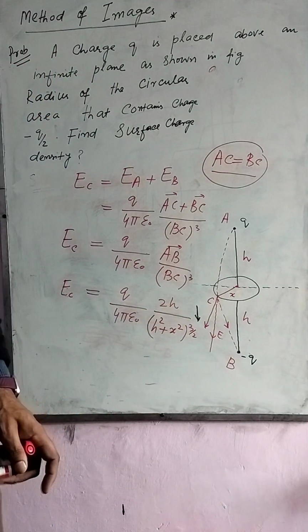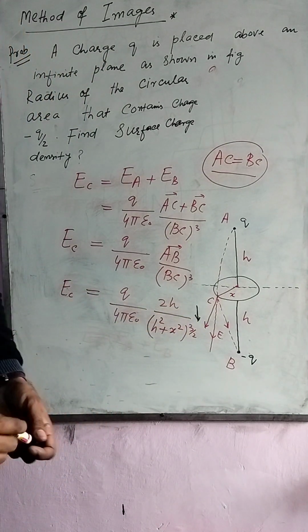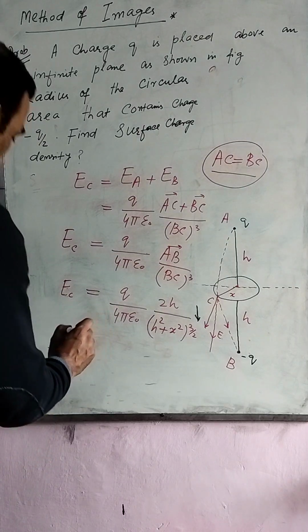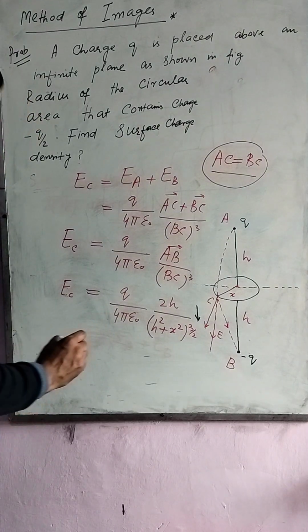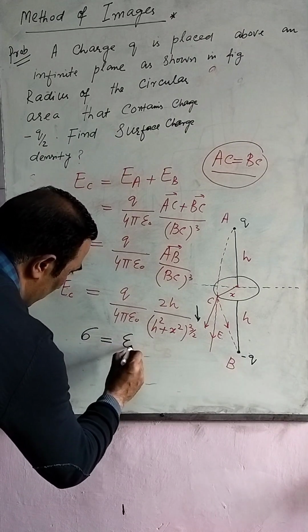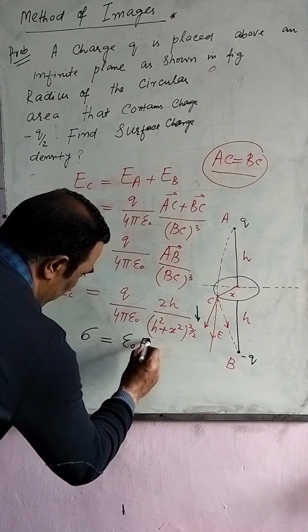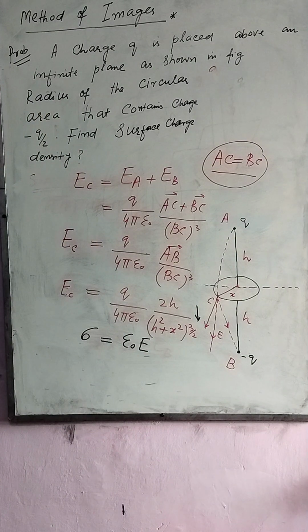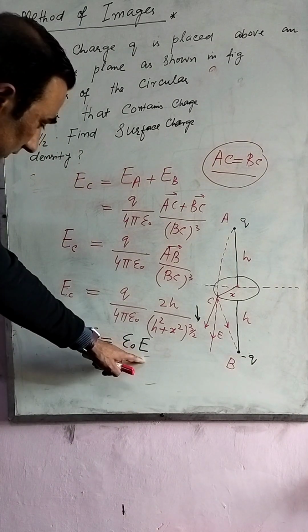Now what is surface charge density? You might know that this sigma, our surface charge density, is equal to epsilon naught into E, right? So this E is known to us.